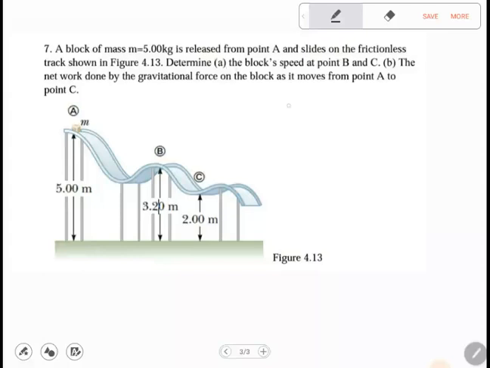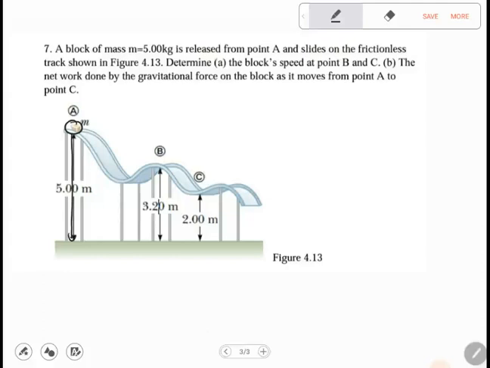We know that as the block is here, due to height, there's some form of potential energy. You agree? Because the block is coming from rest, the velocity is 0, so there is no kinetic energy at point A, there's only potential energy.